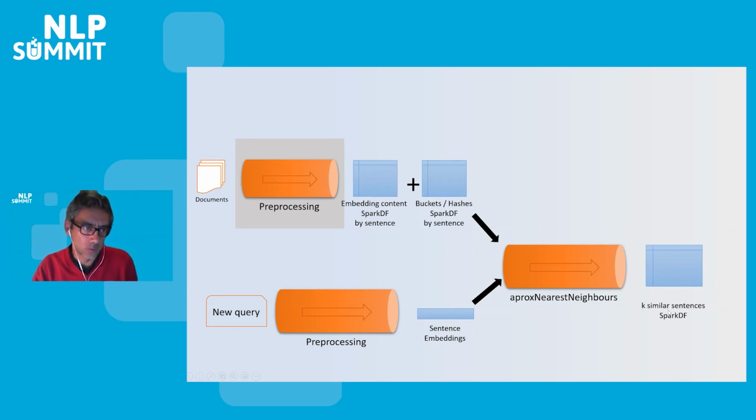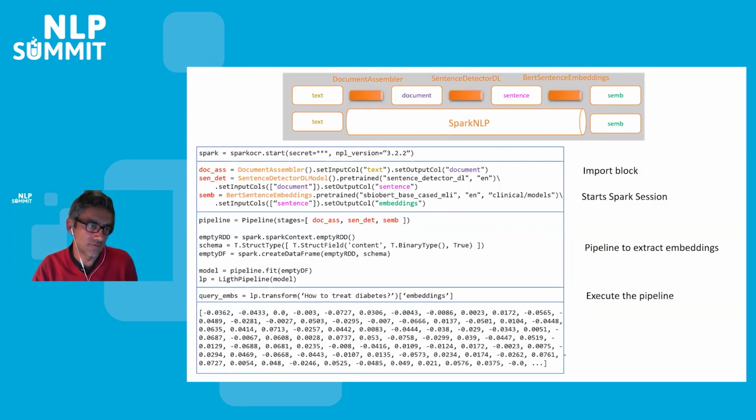We are doing the preprocessing part. We are getting the content of the user, wrapping that content into this document assembler, in this document data schema, that we can then use to split in case the user is adding more than one sentence. But usually we expect just one query, one sentence, and then we will extract the sentence representation of the user query.